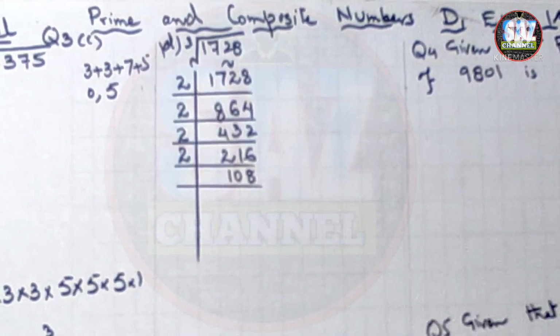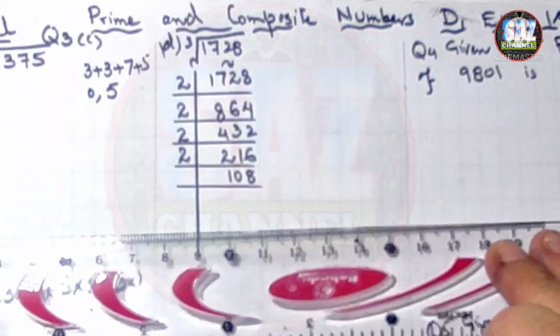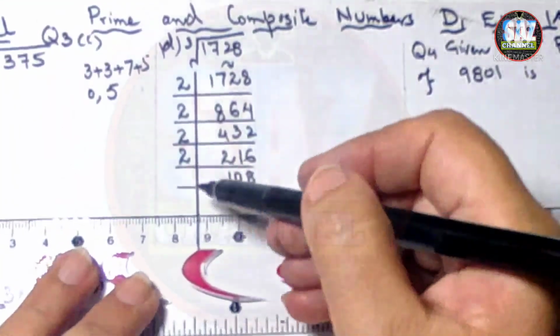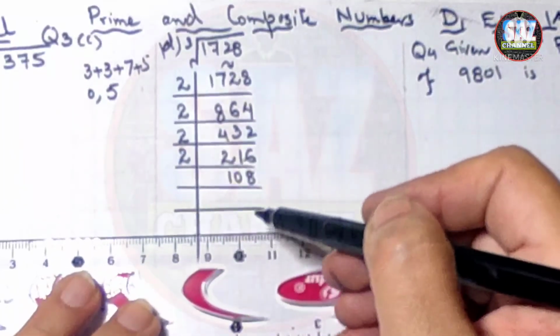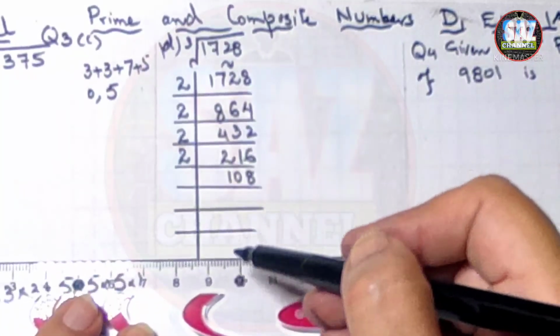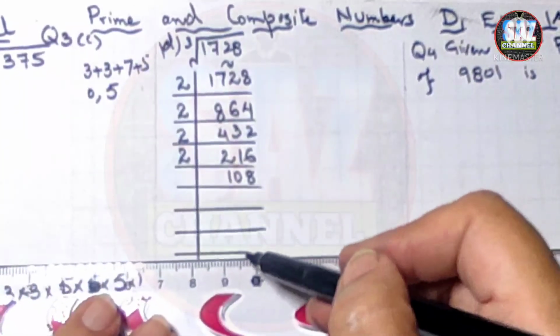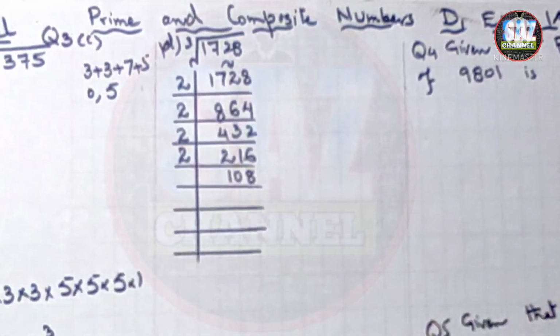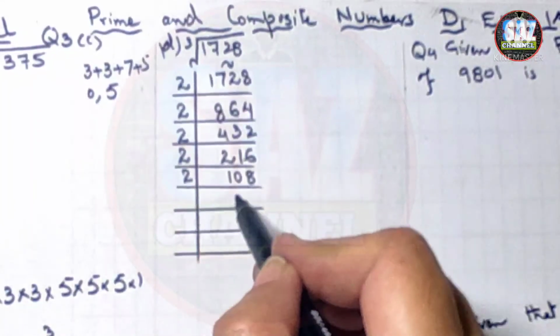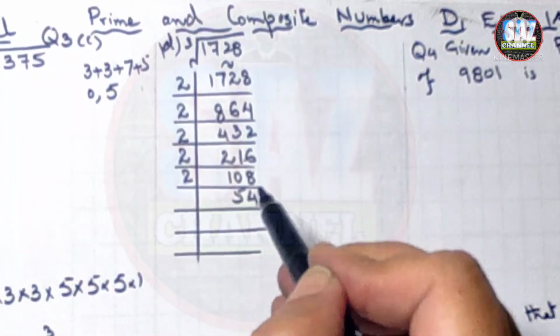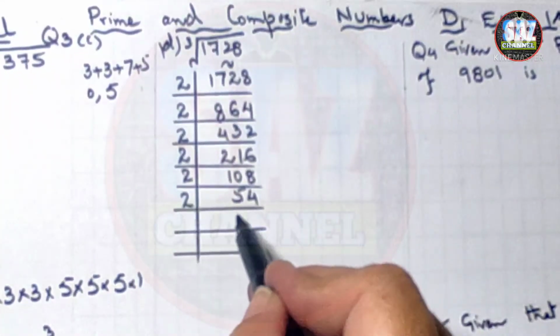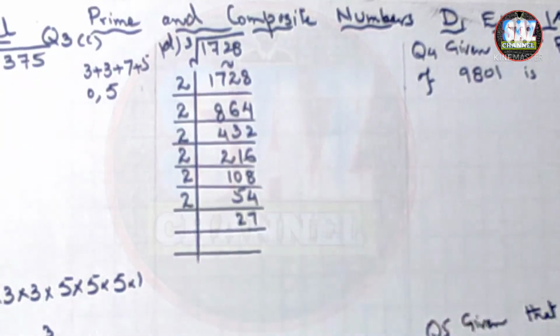Okay, and then again the unit digit is coming 8, which is even, which is a multiple of 2. So I think, students, what do you say, which table will be suitable? Table of 2. Okay, 2 5s are 10 and 4s are 8, 2 2s are 4, and 7s are 14.